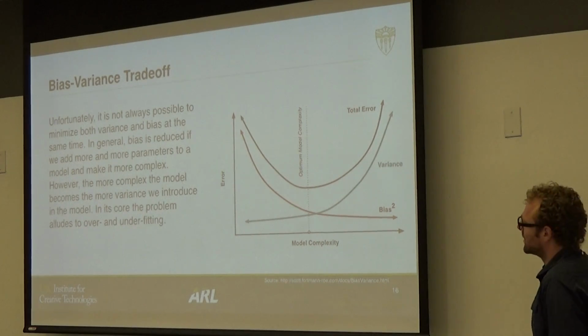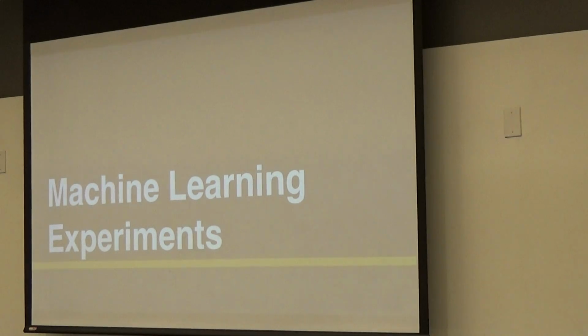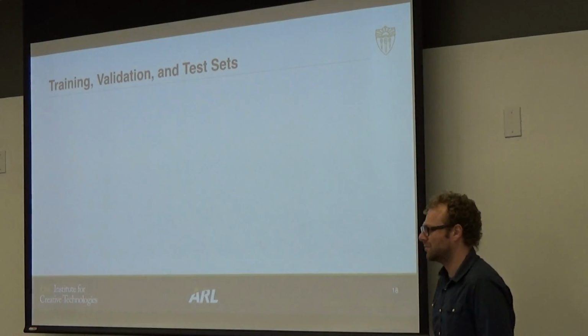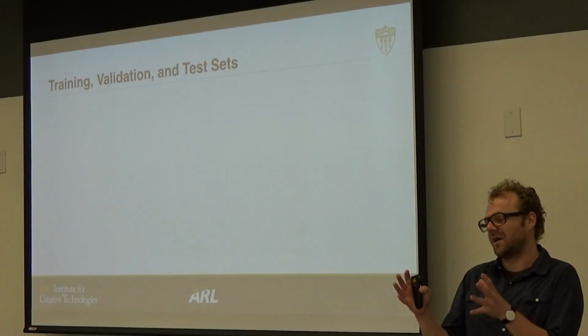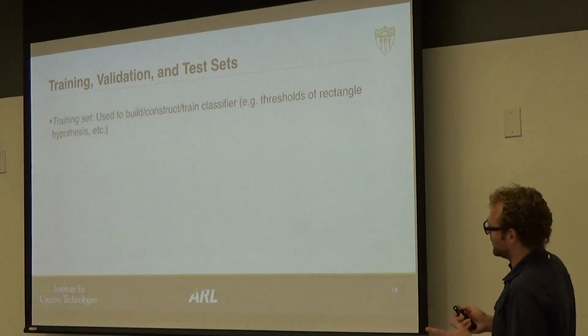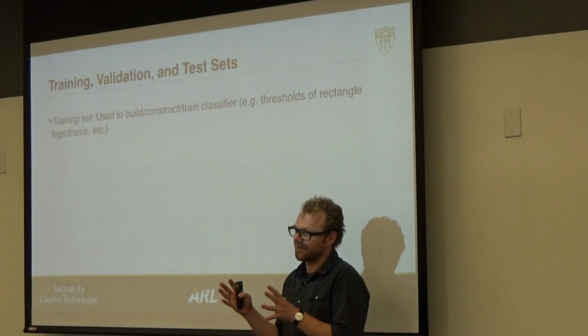All right. So let's talk a little bit about machine learning experiments. What I would like to introduce here is more or less the concepts or the variables that we need to take into account. So first of all, let's look at our training sets, or the data sets that we need to define.